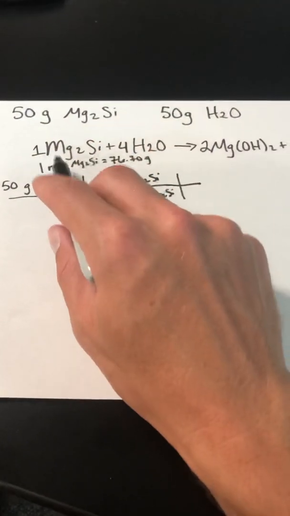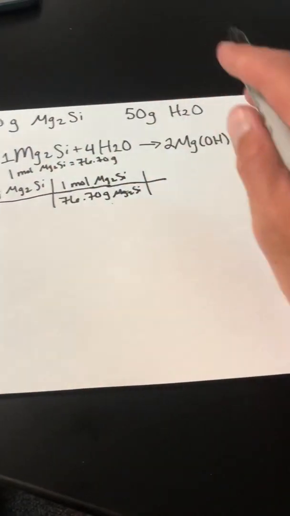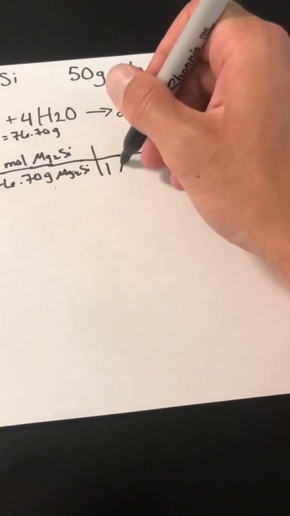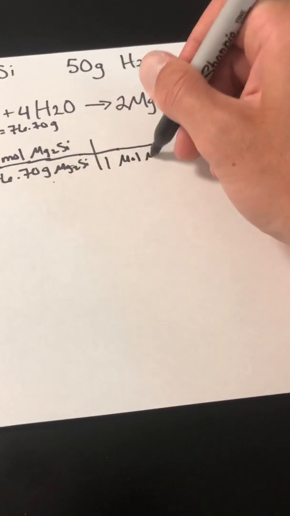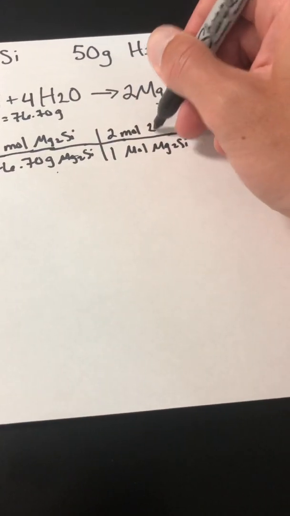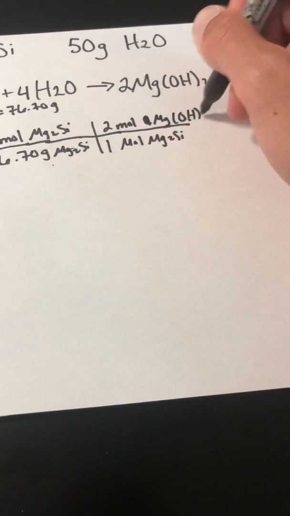So that means for every 1 mole of Mg2Si I have, it equals 2 moles of Mg(OH)2, my product. So I'm gonna go ahead and write that next on my block. 1 mole Mg2Si is equal to 2 moles of Mg(OH)2.